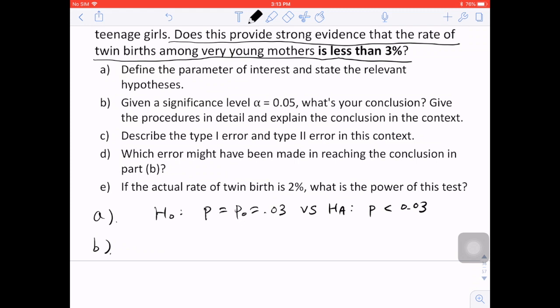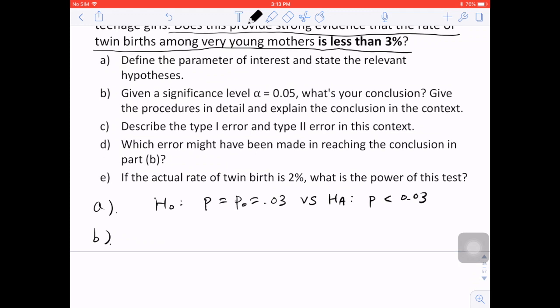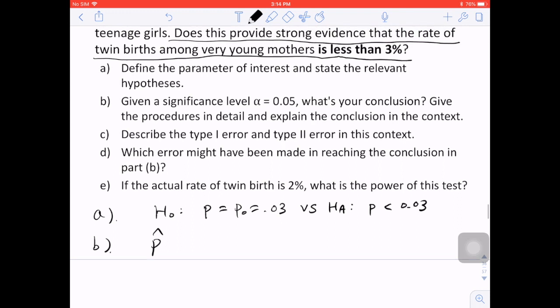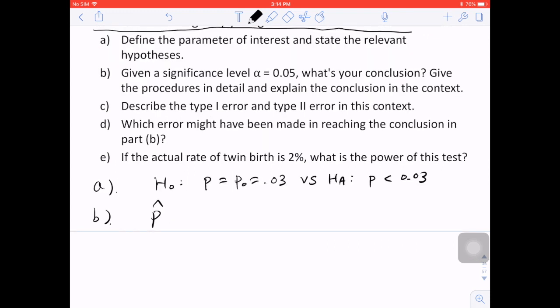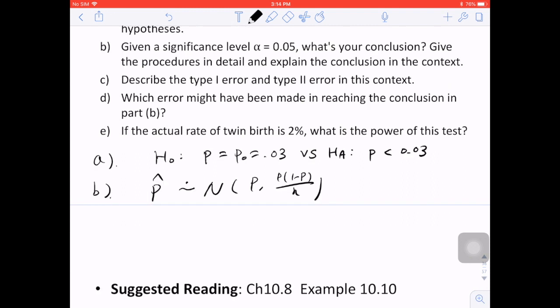In this case, we can just find the corresponding z statistic, because the sample proportion p hat, which is a random variable, approximately follows a normal distribution with expectation and variance. So my z should be p hat minus its expectation divided by this stuff.